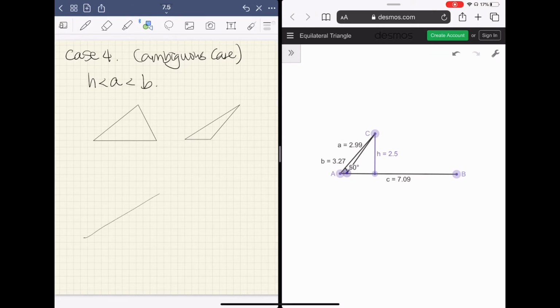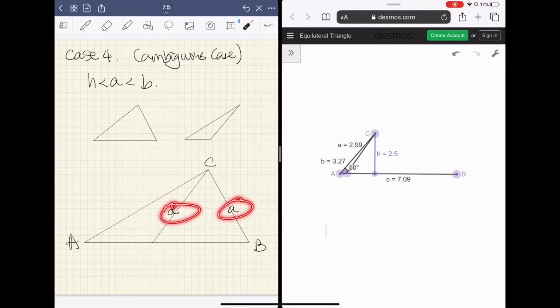So if you put them together, you'll have a triangle that looks like either that or that, where side A are both the same. They equal to each other. So A, C, and B. What's special about these two triangles? There is one thing that is special. Because these two sides are the same, we know that this angle and this angle must be the same.